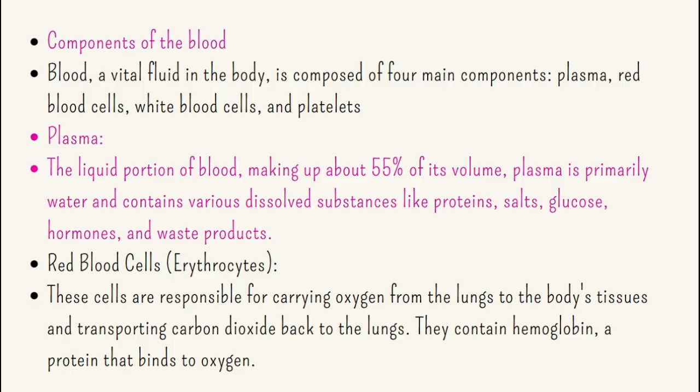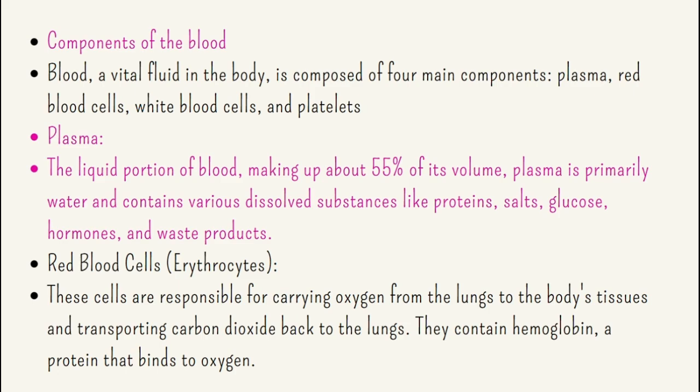So basically plasma and red blood cells are all inside of the blood. When you bleed and you just see it like that, your naked eye can't really see much, right? But put it under a microscope, and these four main components of blood will be literally seen. You'll be able to see everything.